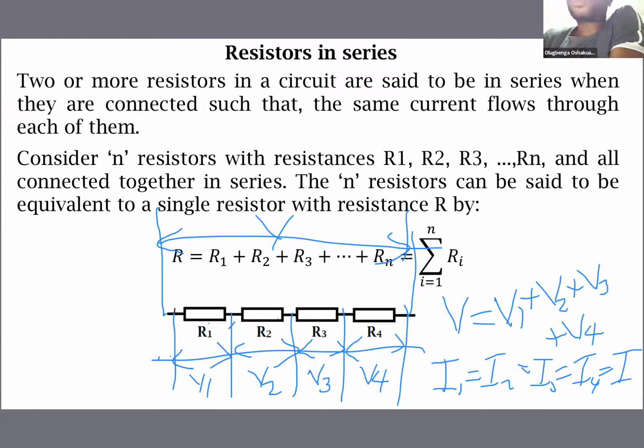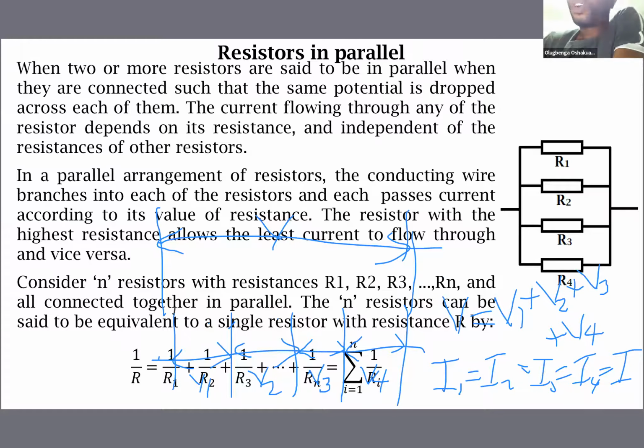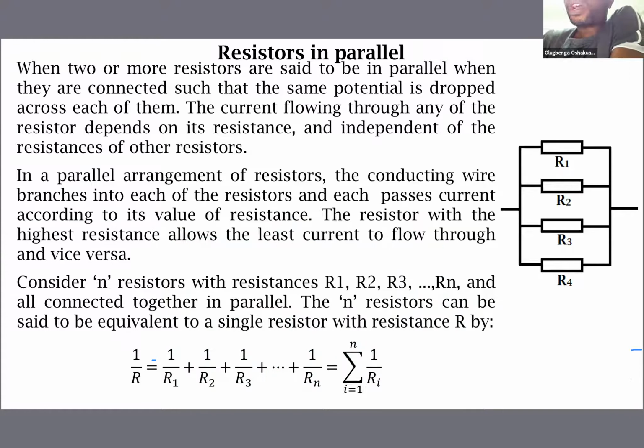But when we are talking about resistors in parallel, the current that flows through R1, I1, plus I2 plus I3 plus I4 add up together to give us the total current.